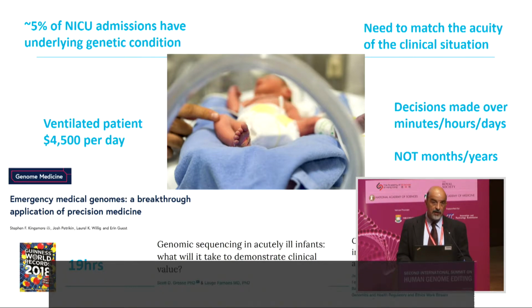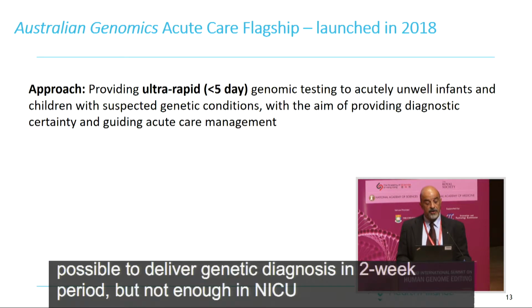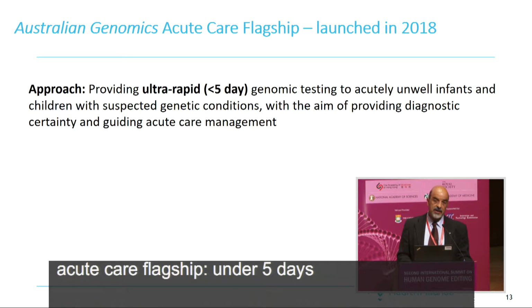And so one of our flagships is our acute care flagship, where the aim is to deliver an ultra-rapid genomic diagnosis in under 5 days in the sickest of children, those in neonatal intensive care and paediatric intensive care units. The aim being to identify the genetic diagnosis which will then guide management more effectively.